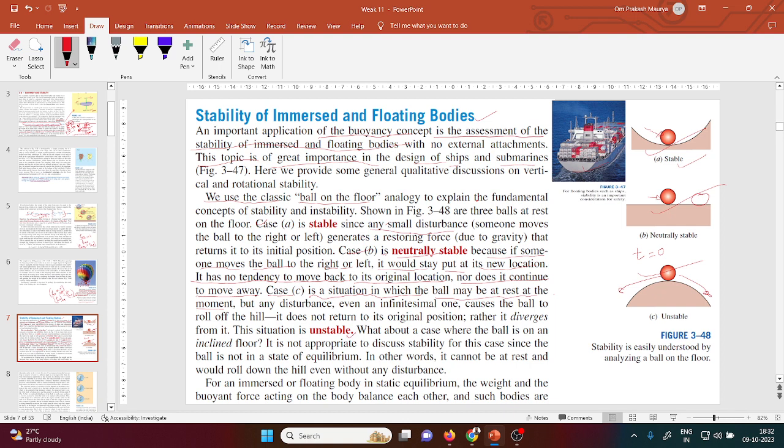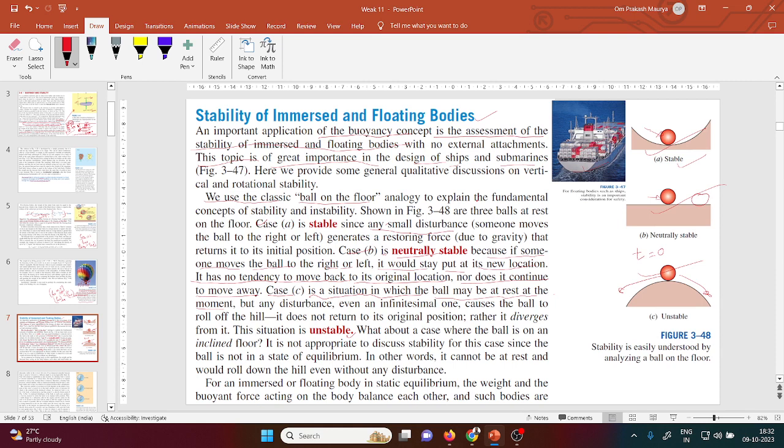So I think this is the only analogy, and we have the technical terminology regarding that, that is your buoyancy force and the weight of the body. But this is for how stable, neutrally stable, and unstable things are. Sometimes it is very important in the GATE exam also.